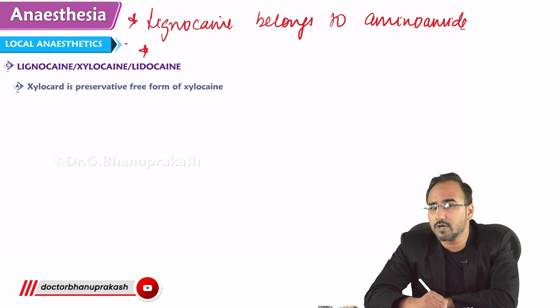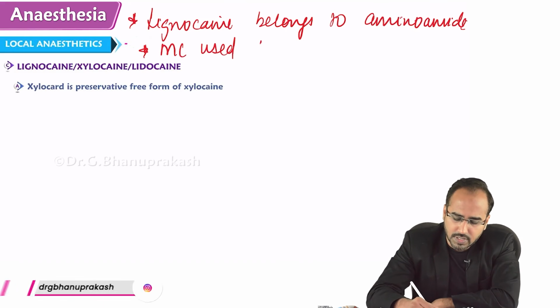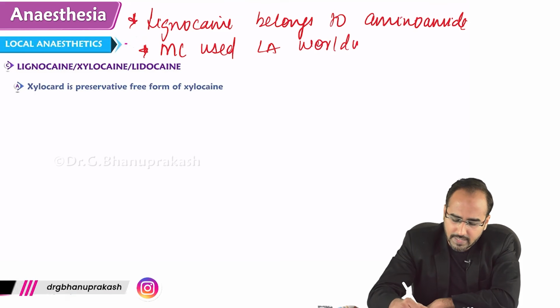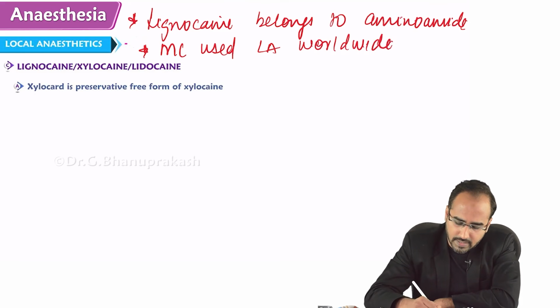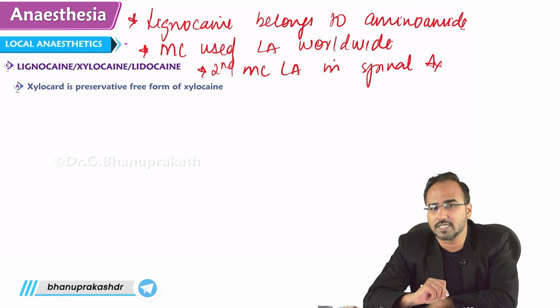Next, one more point regarding lignocaine: it is the most commonly used local anesthetic worldwide. LA is local anesthetic. Next, it is the second most commonly used local anesthetic in spinal anesthesia.